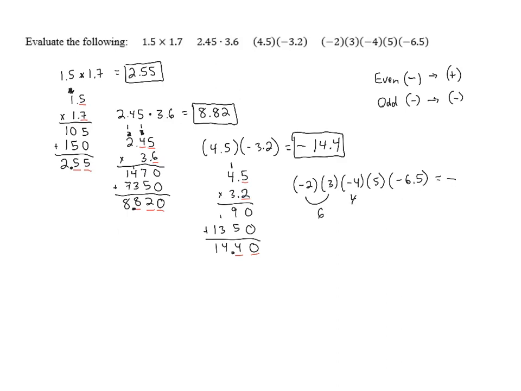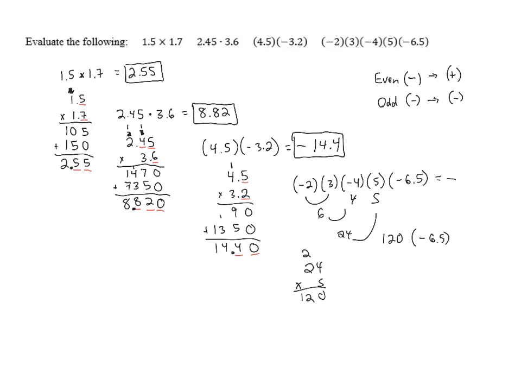Then when we multiply that by 4, that gives us 24. And when we multiply that by 5, 24 times 5. Let's see. 4 times 5 is 20, carry the 2. 5 times 2 is 10, plus 2 is 12. We've got 120. So this problem becomes 120 times negative 6.5.